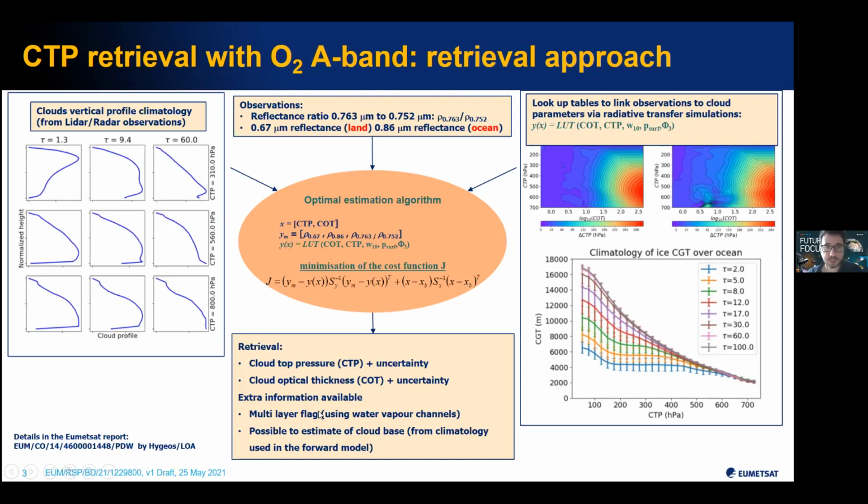I'm going to show later that this is a tricky situation for this algorithm. We also have the possibility to estimate the geometrical thickness of the cloud, or by construction the cloud base, because we have this assumption on the vertical profile of the clouds. Details of the inner workings of this algorithm are available in a report on the EUMETSAT website.